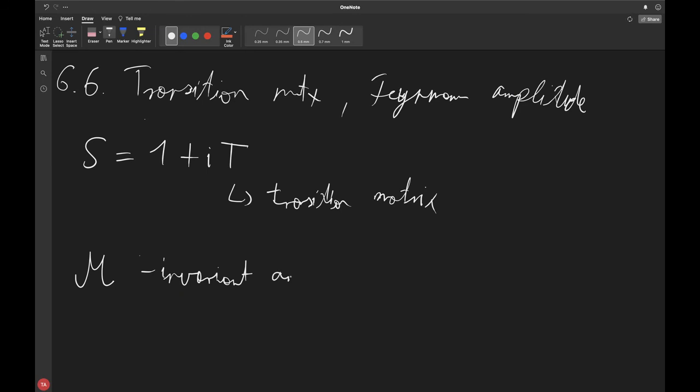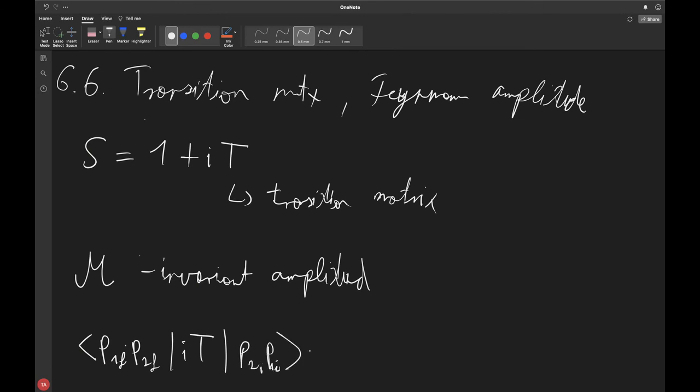That's the same thing when you have, let's say, two particles coming in, P1 and P2, and then you have two particles in the final state, and then you make the sandwiching between the initial state and the final state.